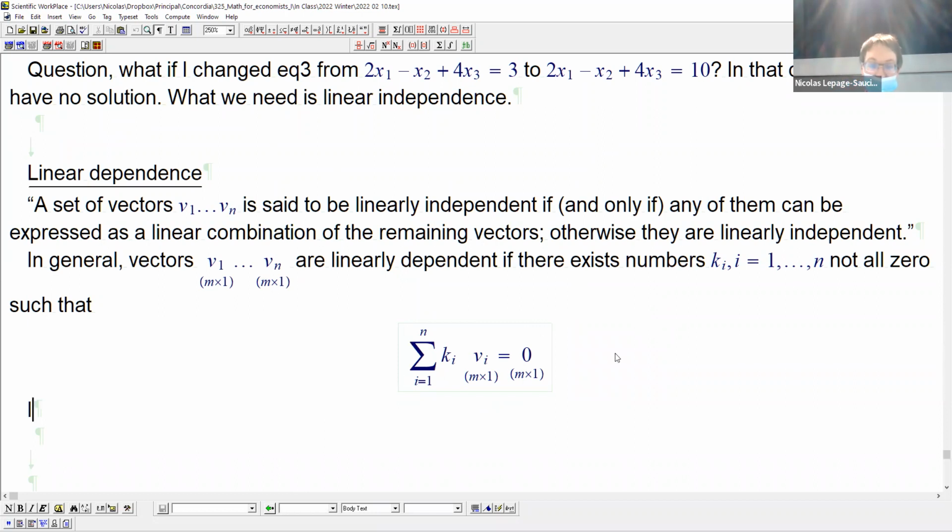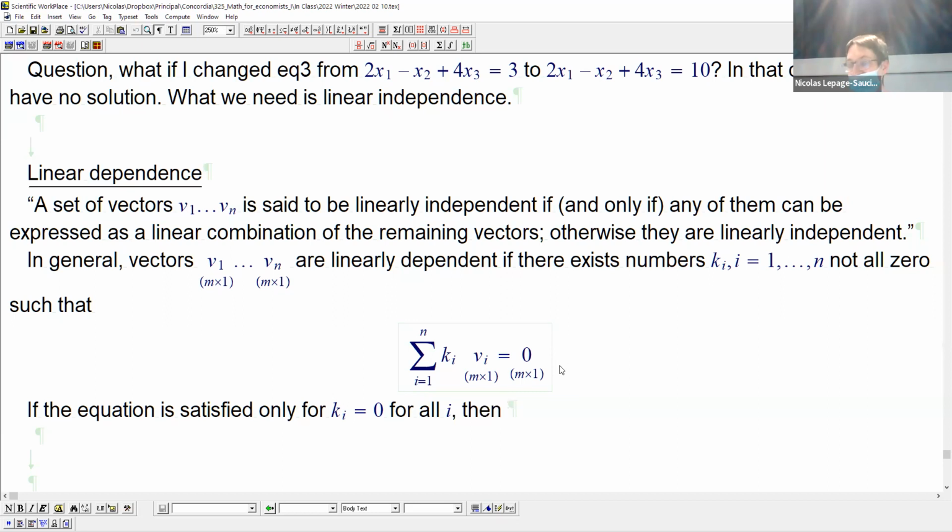And then if the equation is satisfied only for ki equals 0 for all i, then they are linearly independent.